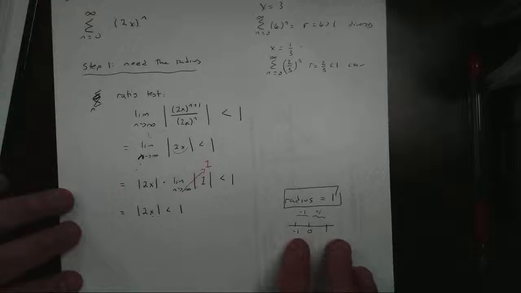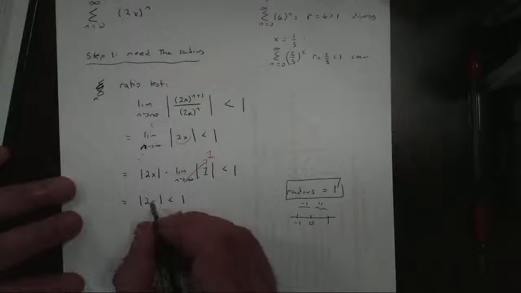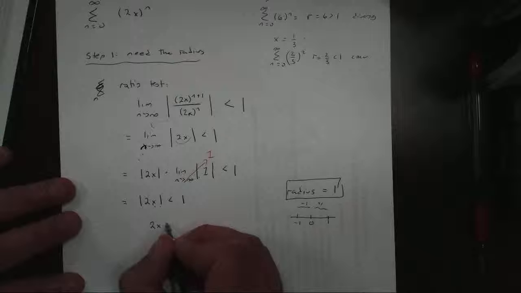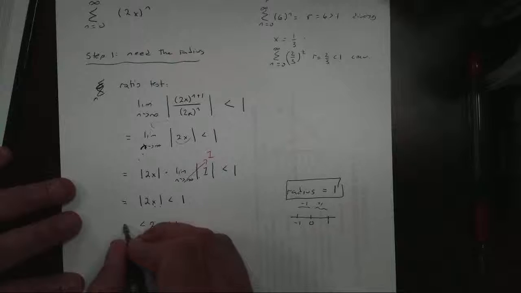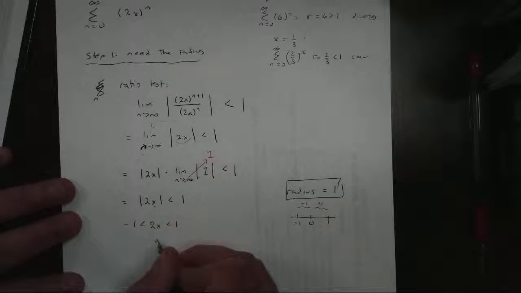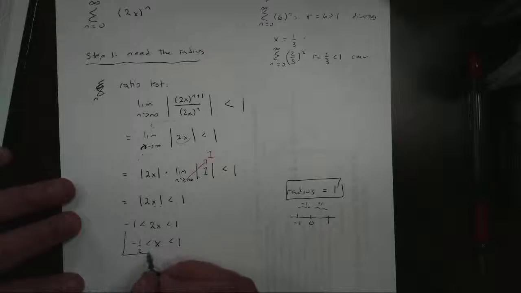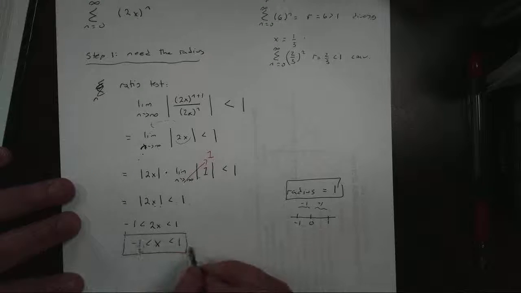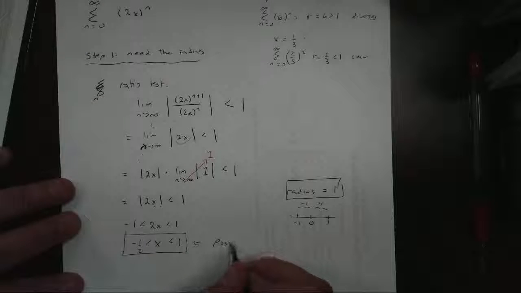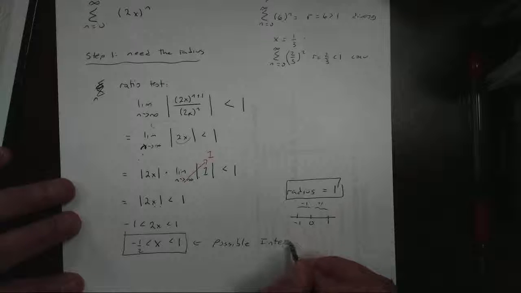So we have to solve this now. 2x is less than 1 and greater than -1. So we're saying x has to be between -1/2 and 1/2. This right here is what's called a possible interval of convergence, and we'll talk about why it's only possible.